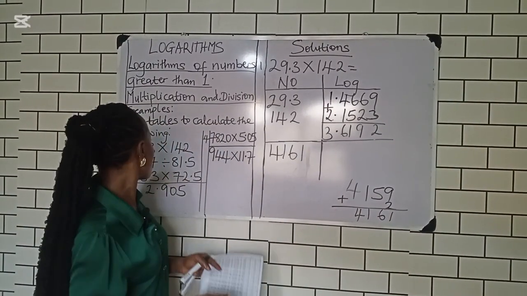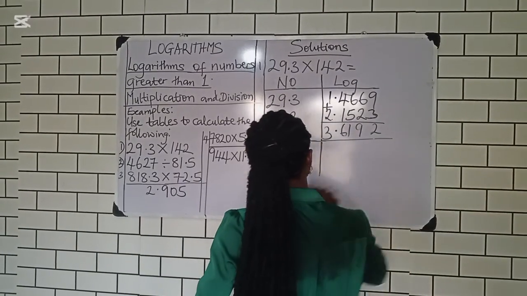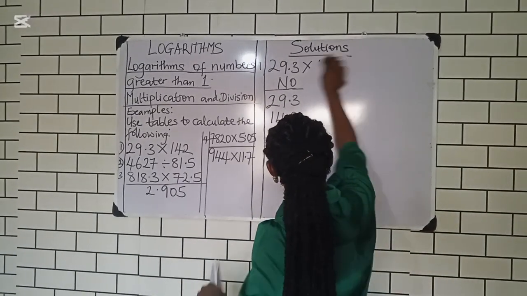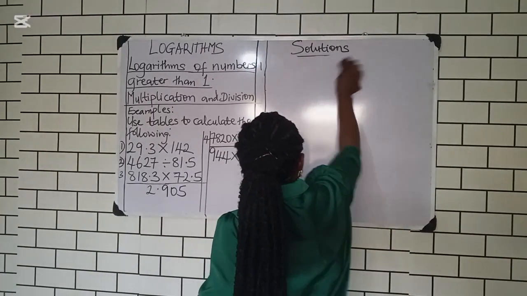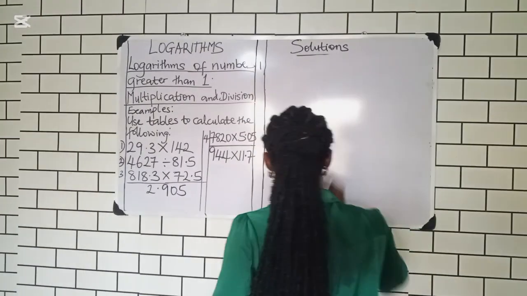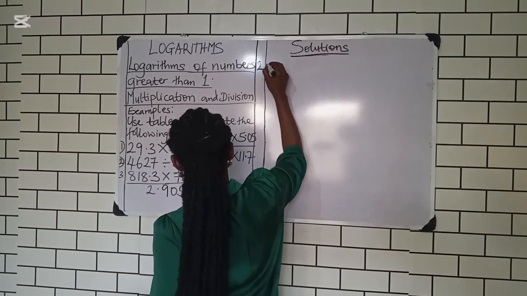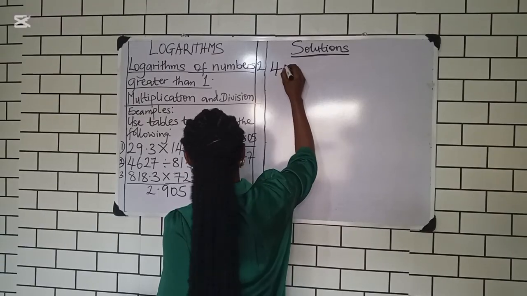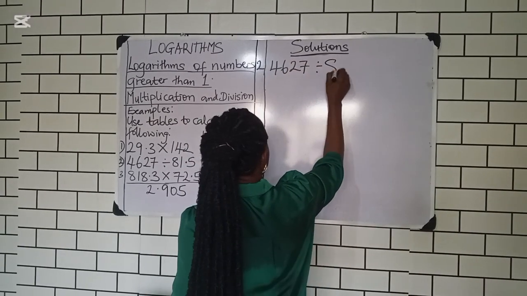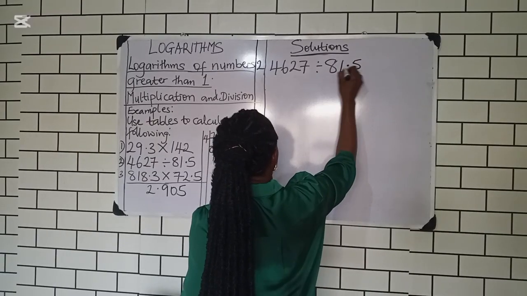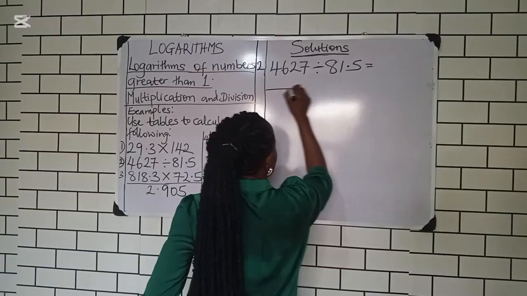Now, going further, question number 2. We have 4627 divided by 81.5.